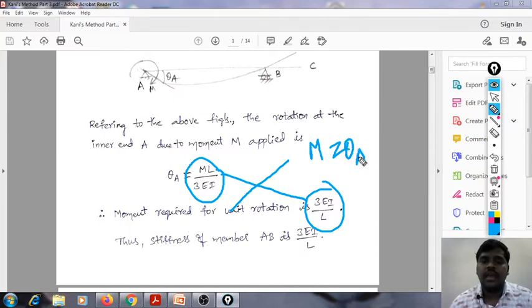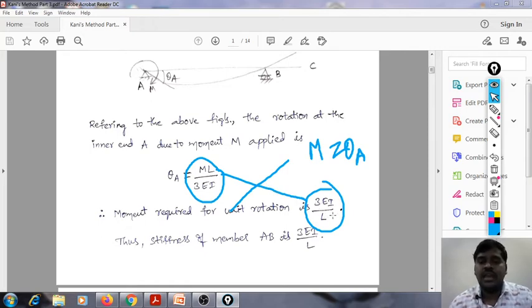So there will be a unit moment developed at that end A. Fine. So if we want to develop that unit moment, we are going to multiply it with 3EI by L.